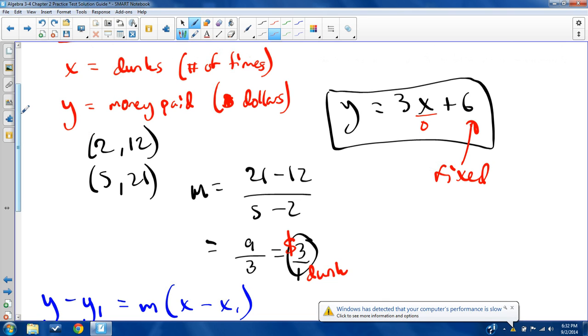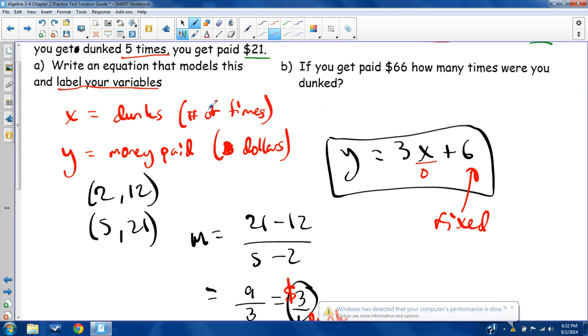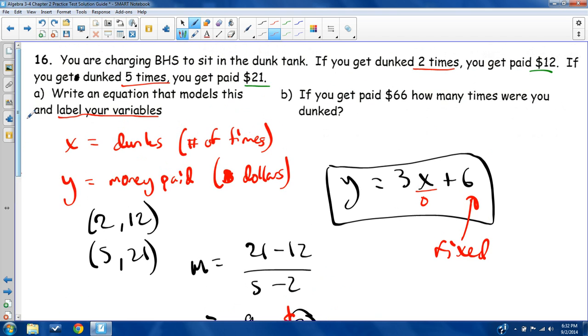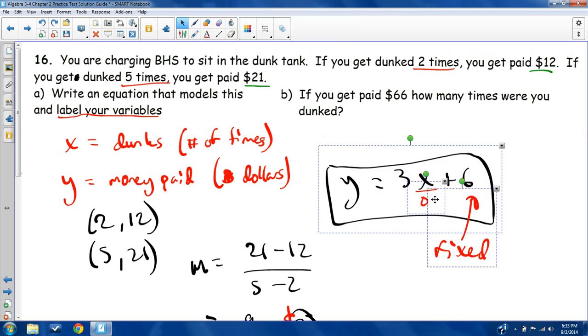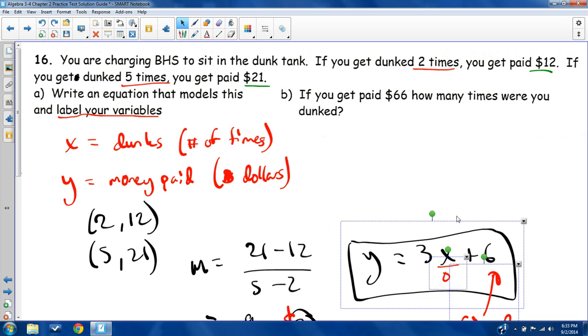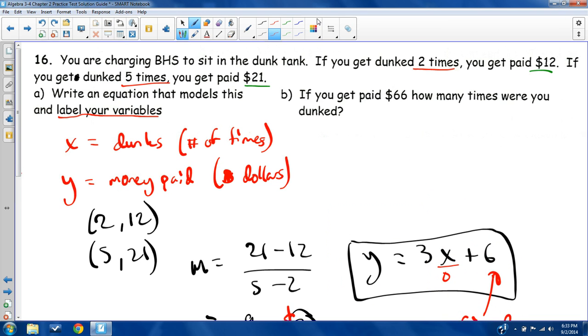So if x equals 0, if I don't get dunked, I will get paid $6. What that means is no matter what, you're up front, you're getting paid $6. And then they say, oh, by the way, every time you get dunked, we'll pay you an extra 3. So that's all that 6 means right there. They want to pay you up front, and then plus the rate you get dunked. So if you don't get dunked at all, hey, you still walked out with $6. Get an In-N-Out burger. Get some fries.